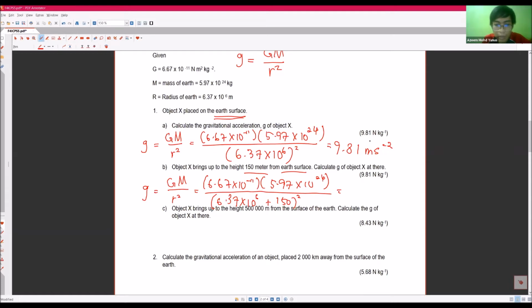Let's see, 5.97 divided by 6.37 times 10 to the 6 plus 150 squared.